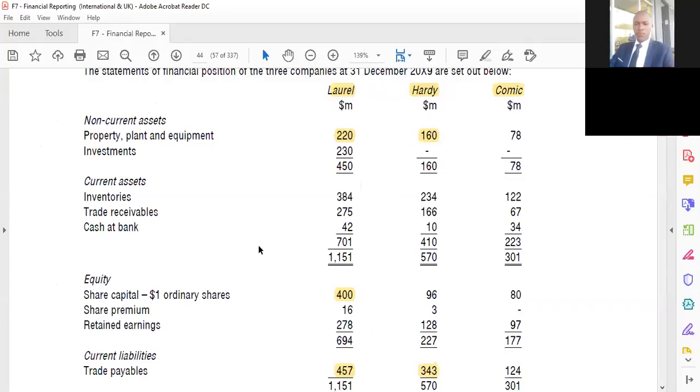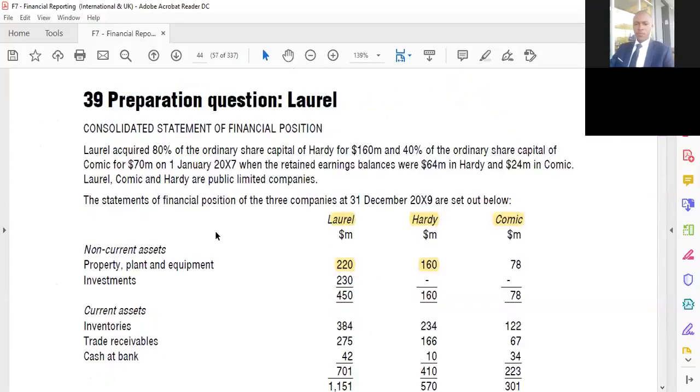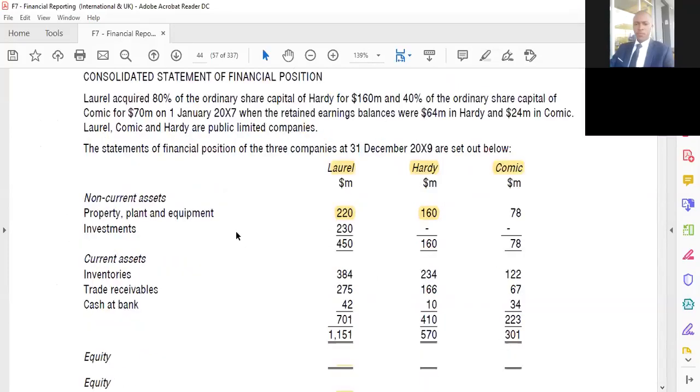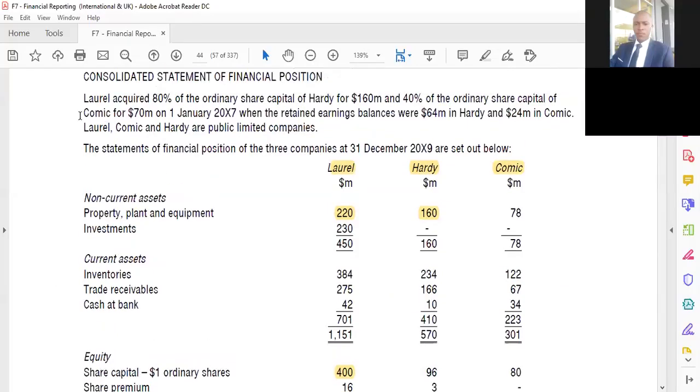Always group structure. So how do you know the group structure? You come here. You see, Rorio acquired how much? 80% of the share capital.